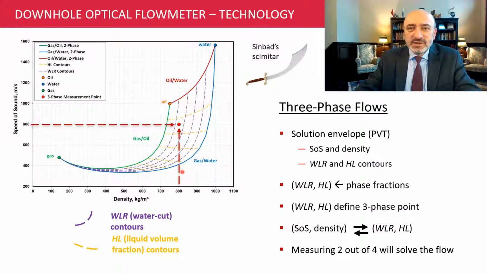For the second method, I can use a water cut meter and determine the water cut value along with the speed of sound measurement. Now, on the next slides, we are going to go deeper on these two methods.